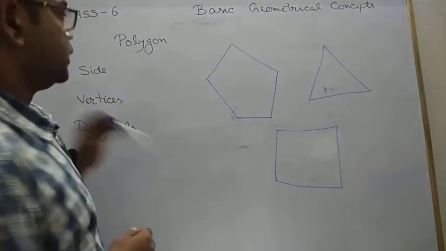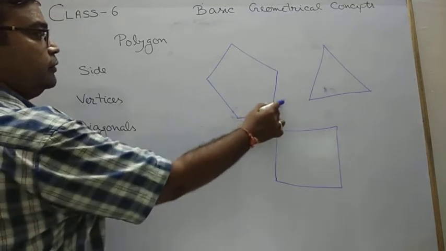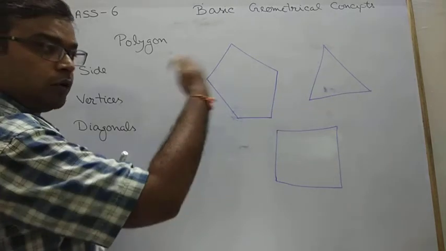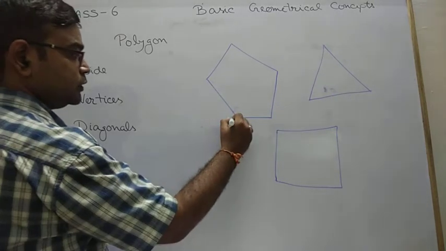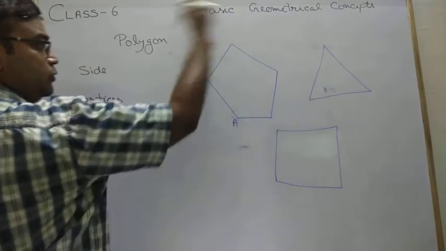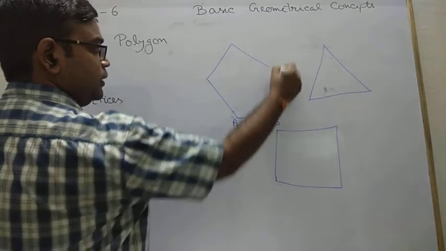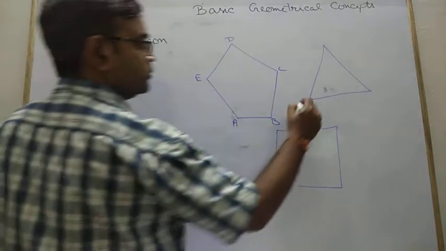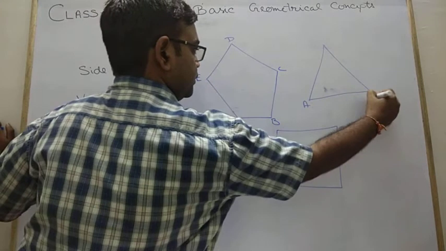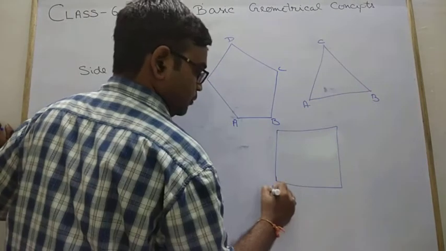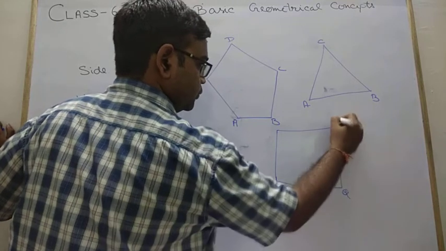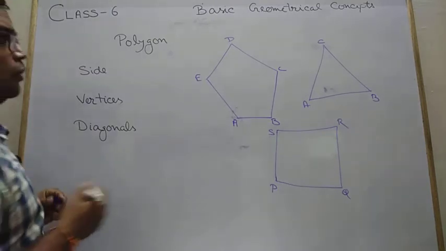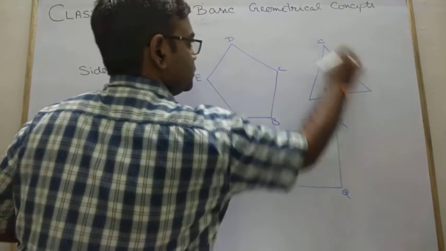So what are sides? As we know, these boundaries are known as your sides. You must name them either clockwise or anti-clockwise. Generally we use the anti-clockwise concept. A, B, C, D, E. Or again from here we can write P, Q, R, S. Okay, we can change these names.